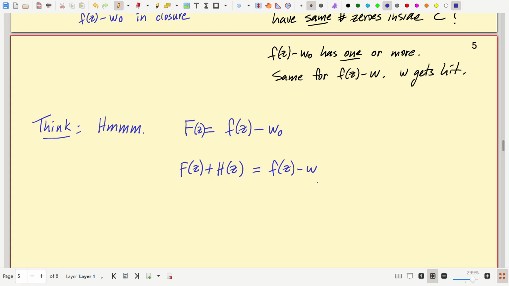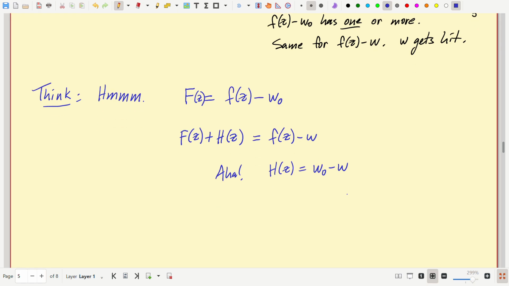And so that means the H, what's the H? I put that on the other side. The f's are going to cancel. So what I need is H is going to be w naught minus w. That's a constant.